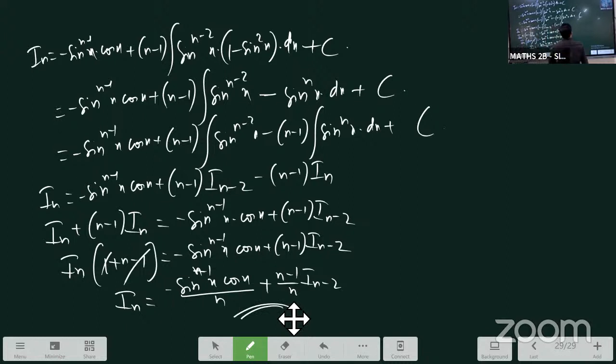So this is your integration by parts formula. You can have a look.